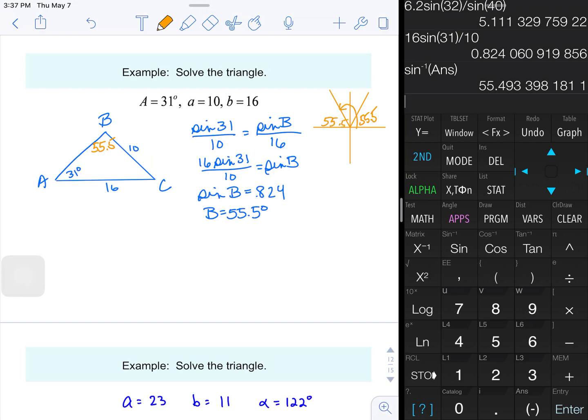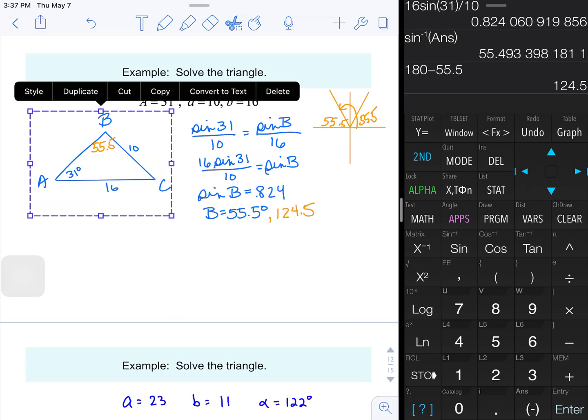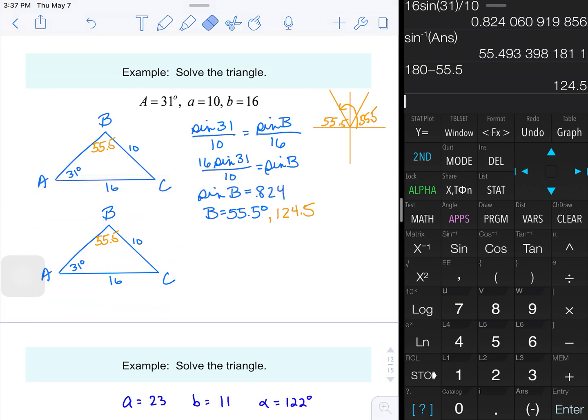So to find that angle that satisfies my problem in the second quadrant, I would subtract 55.5 from 180. And that is 124.5. Now, let's draw ourselves a separate triangle. And instead of 55.5, I'm going to write 124.5.